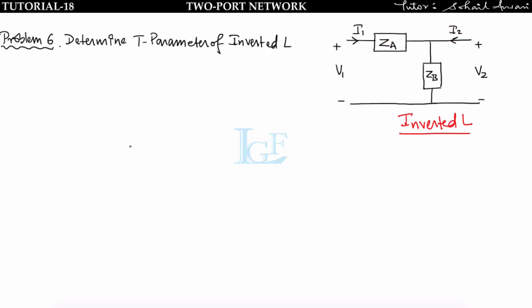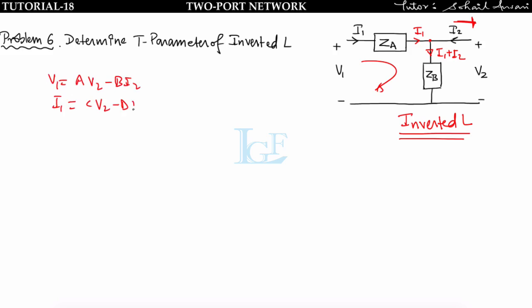Now let us look at this problem. We have to find the T parameter of the inverted L circuit. First write the T parameter equation: V1 is equal to AV2 minus BI2 and I1 is equal to CV2 minus DI2. Now apply KVL in the first loop.